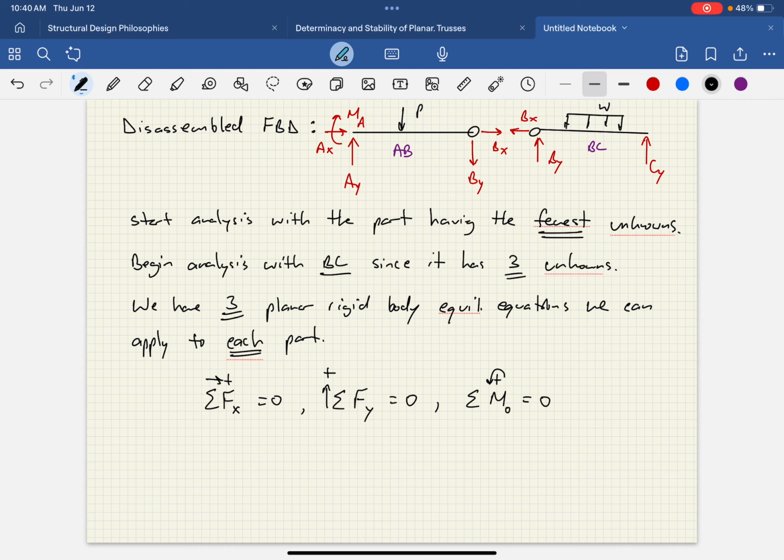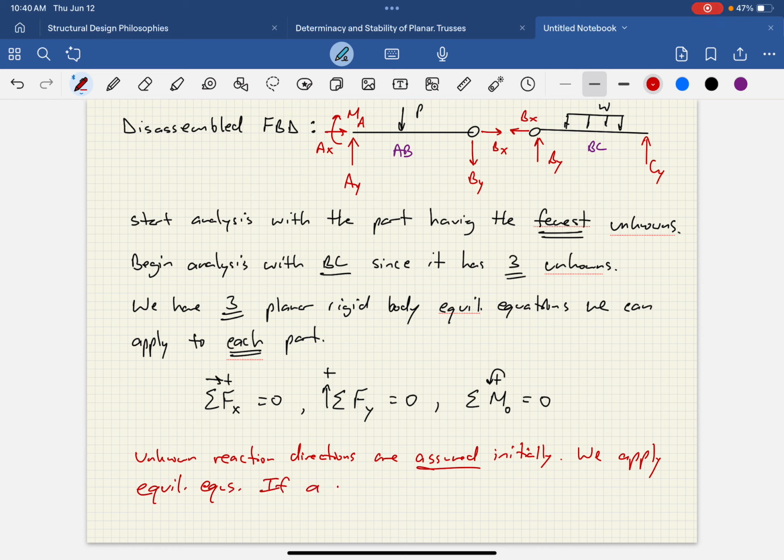Now, the other thing to note here is that unknown reaction directions are assumed initially. Okay, and then what happens? We apply the equilibrium equations.